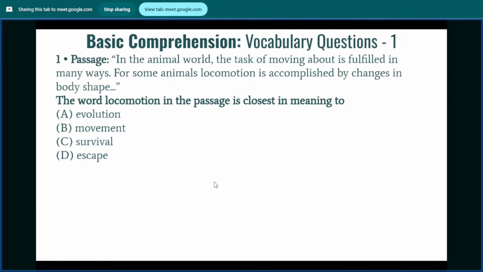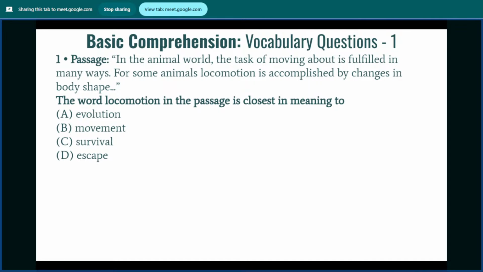Try solving this now. Okay. Movement? Very good.